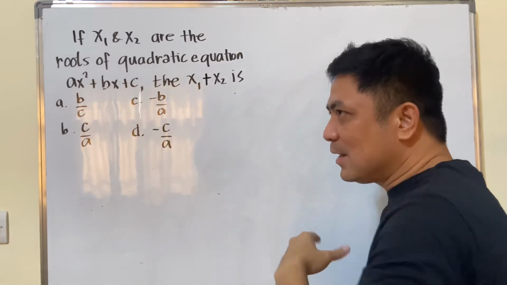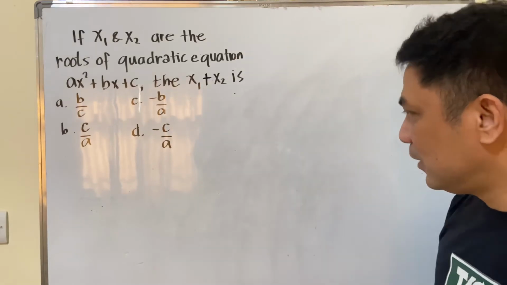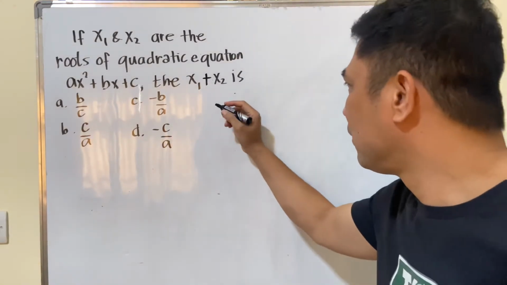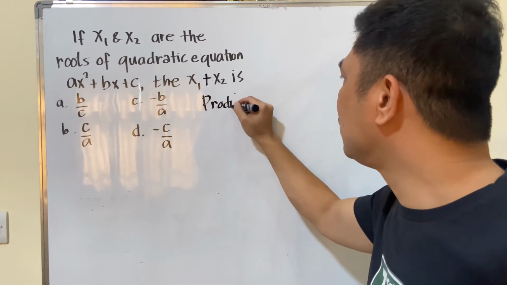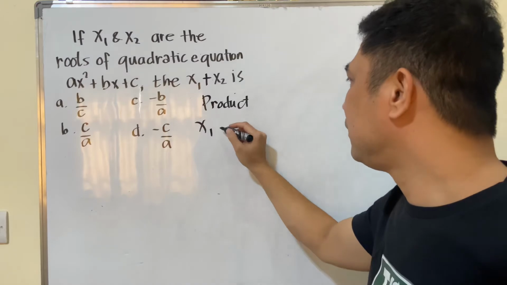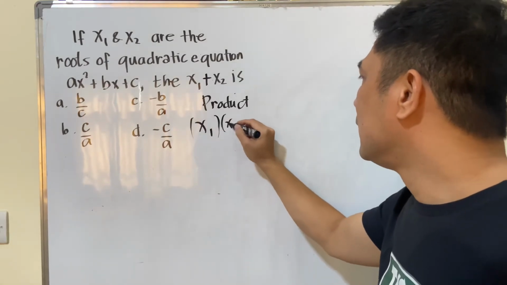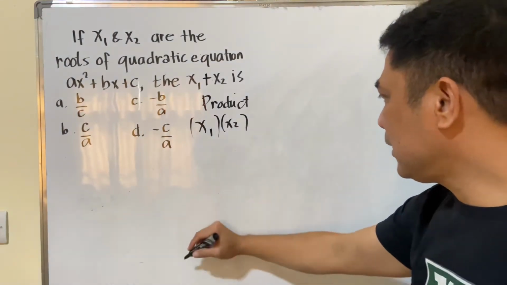What if we are asked what will be the product? So how can we do that? So let's see if we will try to solve the product of the roots of the quadratic equation. So product, that means we have to multiply your first root multiplied by your second root.